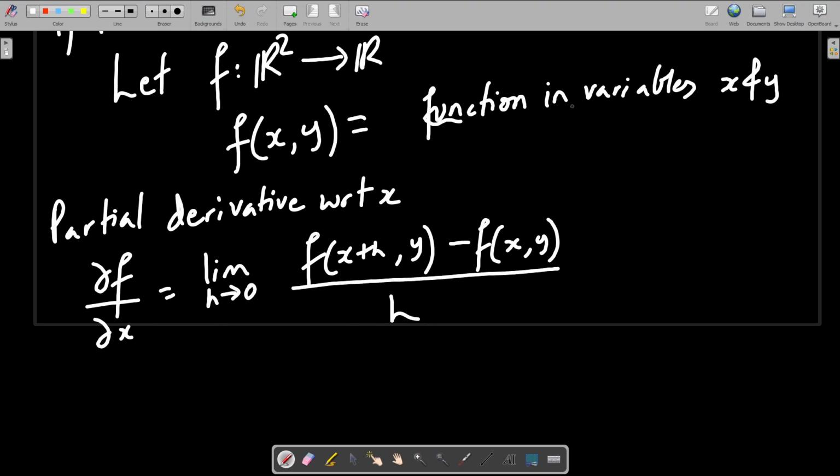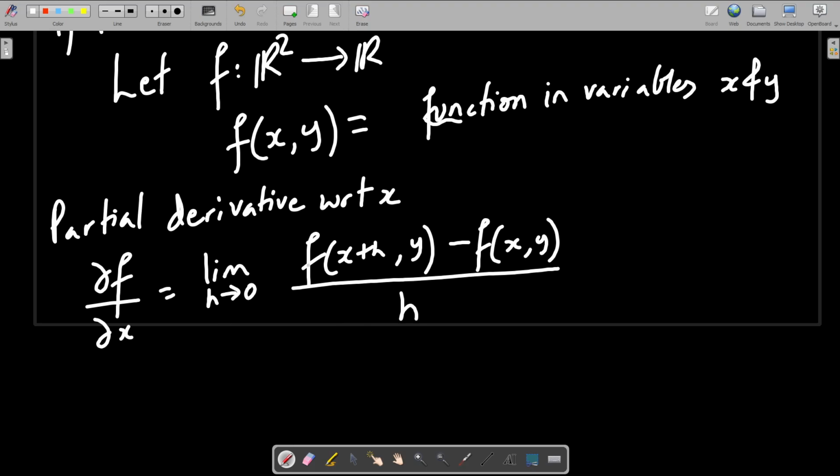What I have done here is the same as your original derivative, but look carefully: I have brought about a change only in x. X has shifted to x plus h and the function has changed accordingly, divided by the change in the variable, that is h. There is no change in y, so y is kept constant.